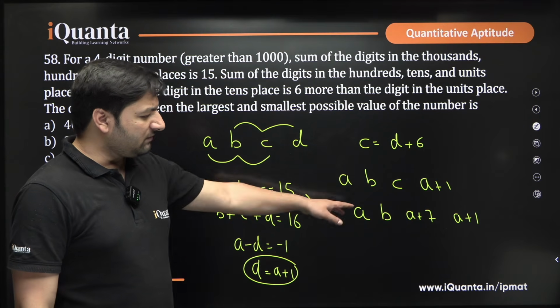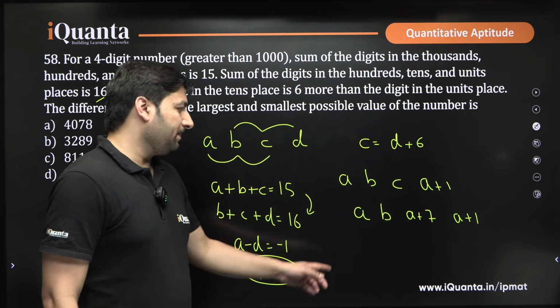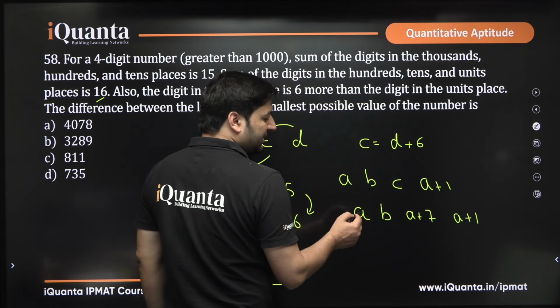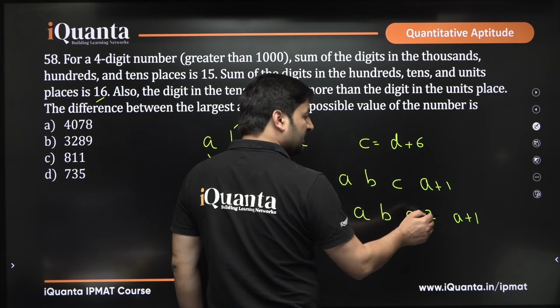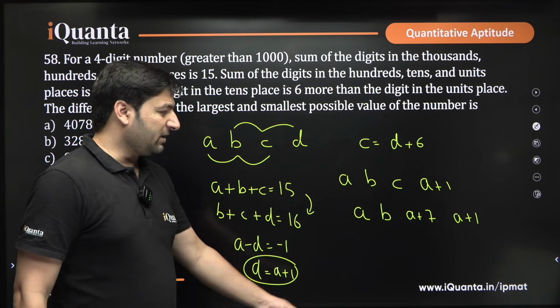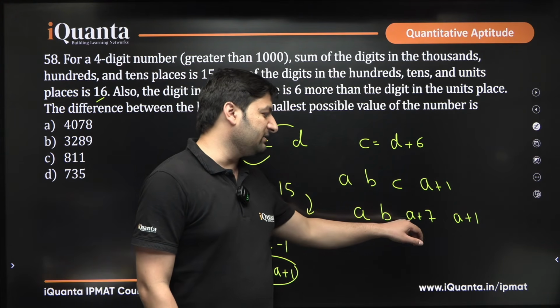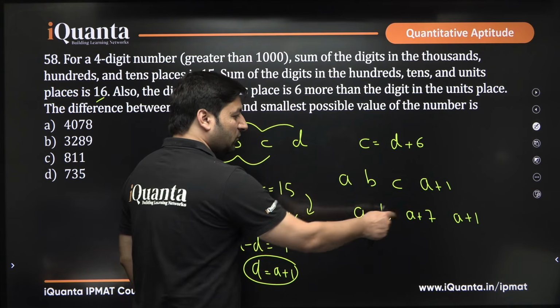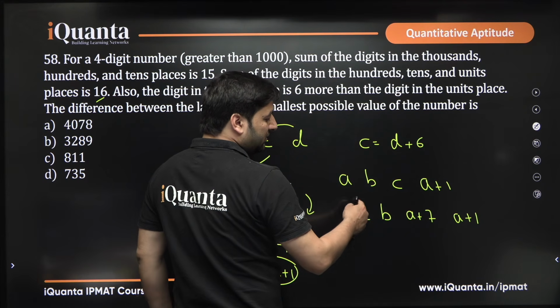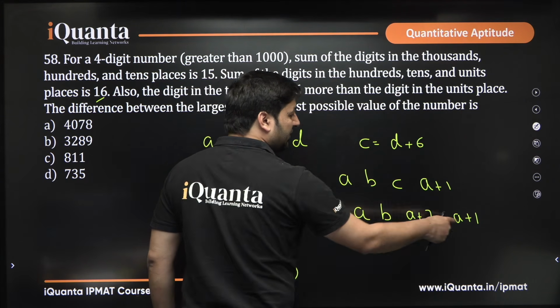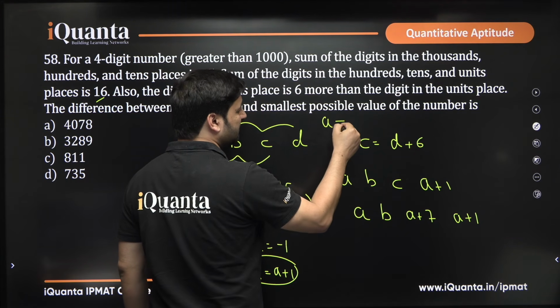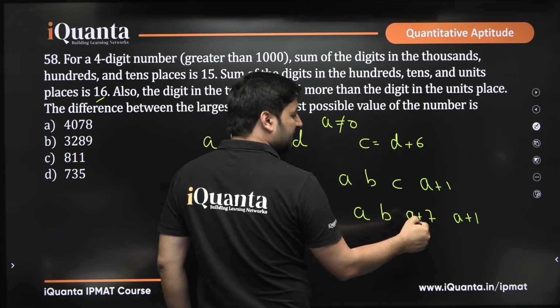You know that it's a 4-digit number greater than 1000. You see here that we have A here, B here, A plus 7 and A plus 1 here. So, can I start with A plus 7, because if I put values for A, what are the values that A can take? Can A take 0? No, because if A takes 0, the first digit will be 0 and it won't remain a 4-digit number. So, A cannot be 0. Can A be 1? Yes, A can be 1.